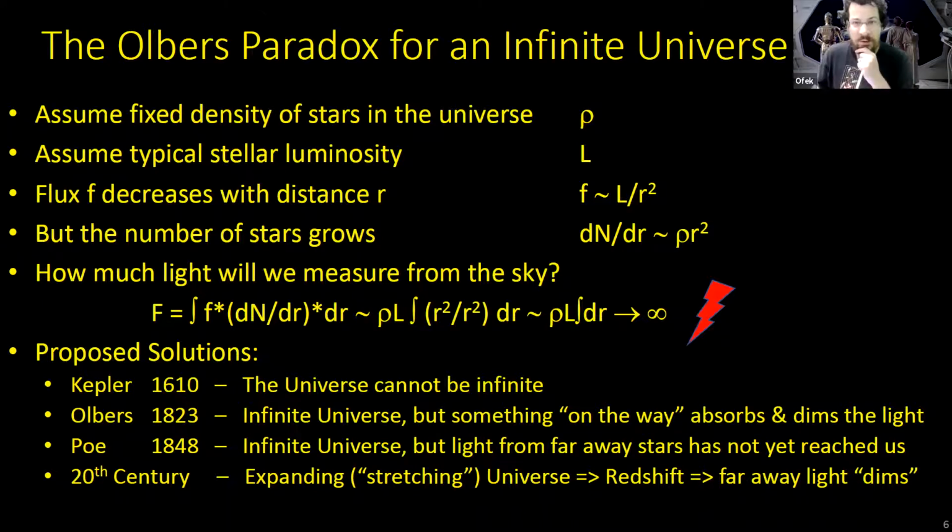And that's called Olbers' paradox about the infinite universe. And in the most basic terminology, it goes like this. Assume that there's some fixed density that's basically constant for stars in the galaxy or in the universe, it doesn't matter. Some fixed density rho. Again, it doesn't mean that it's exactly the same.